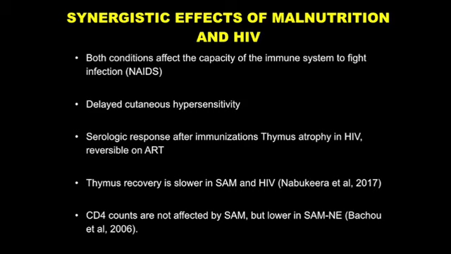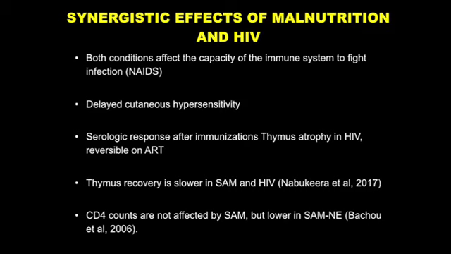I did a study on the thymus gland in children with malnutrition, and we found that the ones who had HIV had a slower improvement in the thymus. In malnutrition, generally the thymus is markedly atrophied, but it recovers as they improve with nutritional rehabilitation. But that improvement was much slower amongst the ones with HIV.